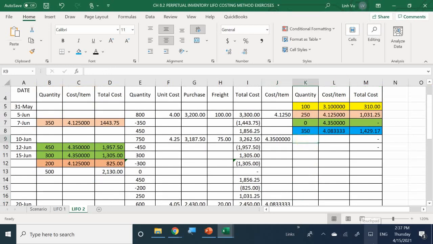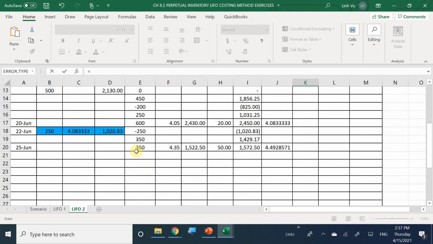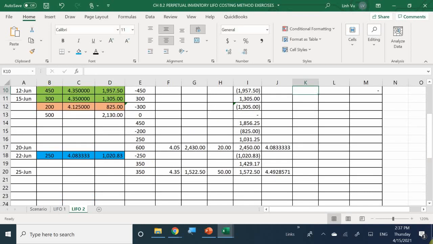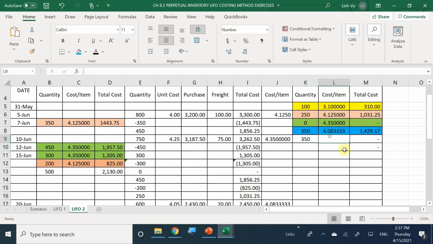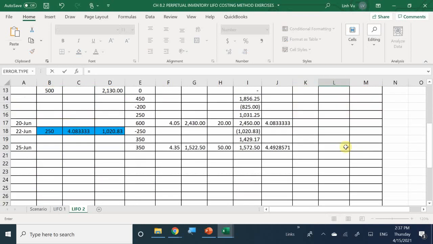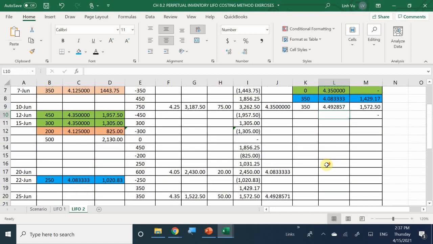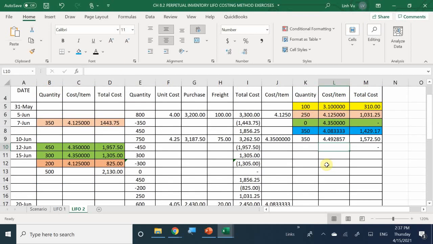All right. Now that we have the last batch, our fifth batch of inventory, I'm going to go ahead and transfer the 350 in there at a cost of 4.49 each, which should give me a total cost of 1572.50.